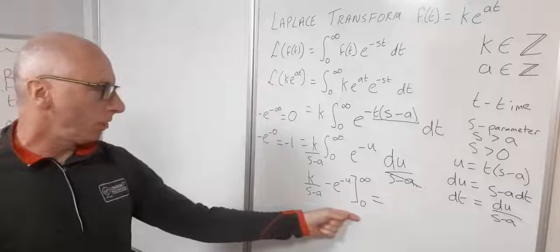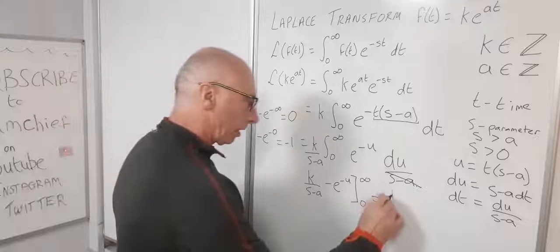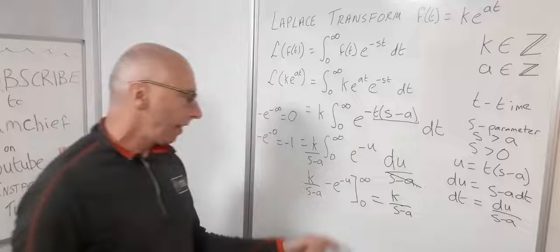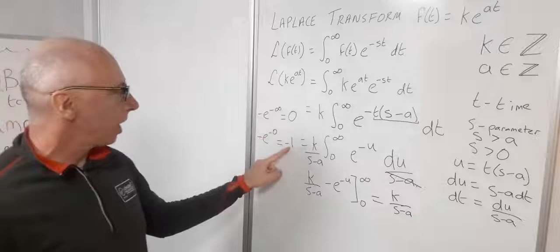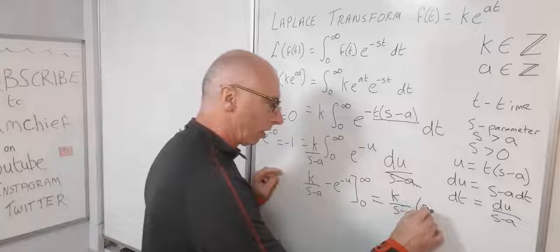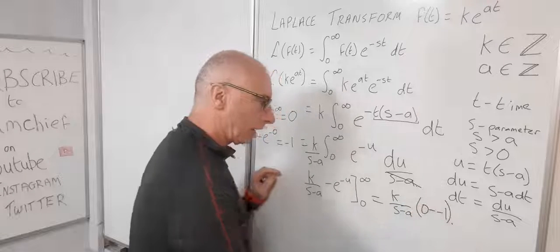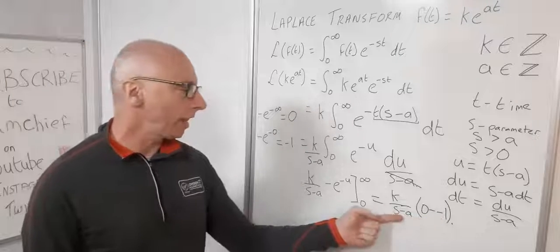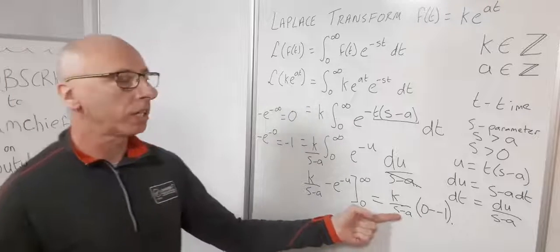So now my result is k over s minus a, and then I've got 0 minus minus 1. So that will just cancel out. I'll just have a 1 here, and that will be the result of my integration.